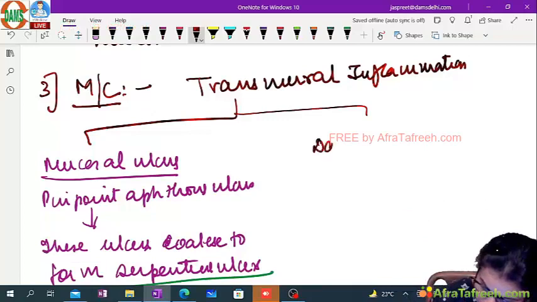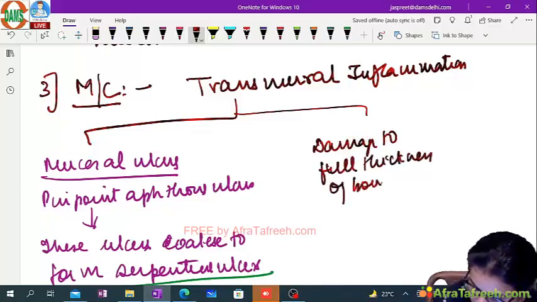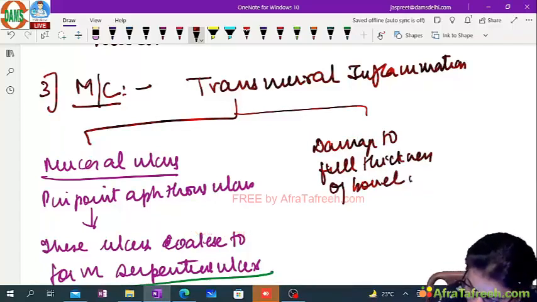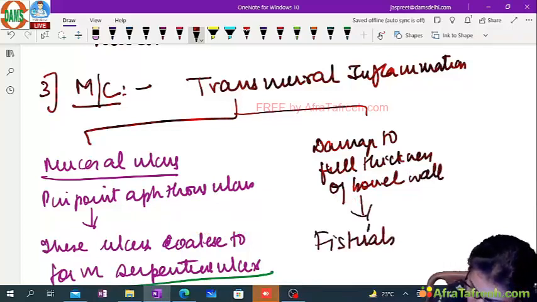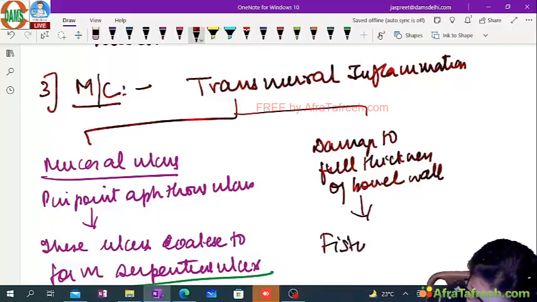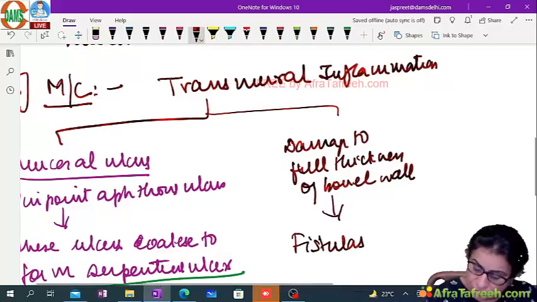There is damage to the full thickness of the bowel wall, the cells die, and this produces fistulas. So these patients develop fistulas.